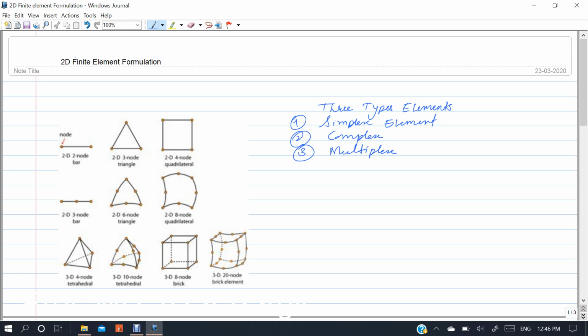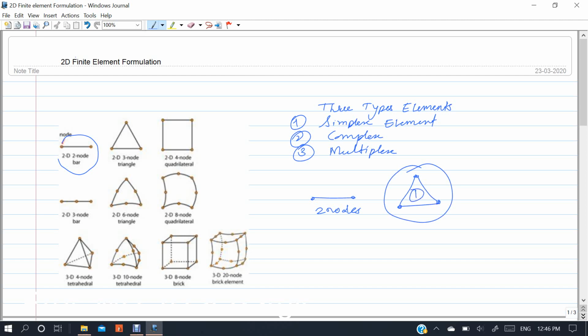In this figure you can see this two node bar element. This is a link element, you can consider it as a link element having two nodes. Then suppose a triangular element. In 2D this entire thing you consider as one element.